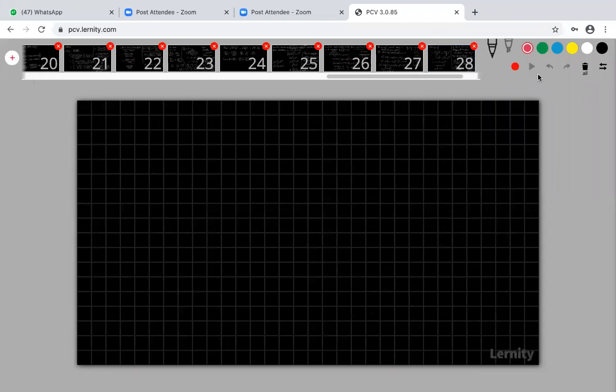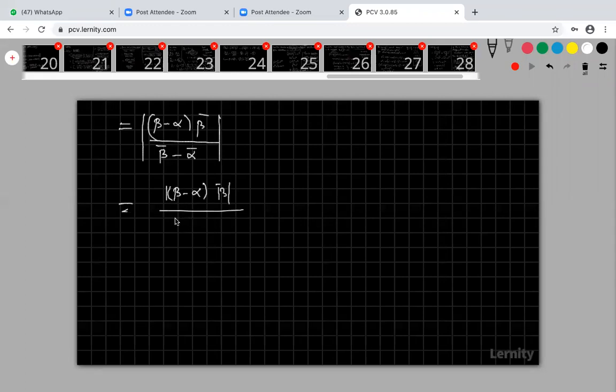So my answer is equal to the modulus of (beta minus alpha) into beta conjugate, divided by beta conjugate minus alpha conjugate. I am splitting the modulus, because we have already discussed results about this.